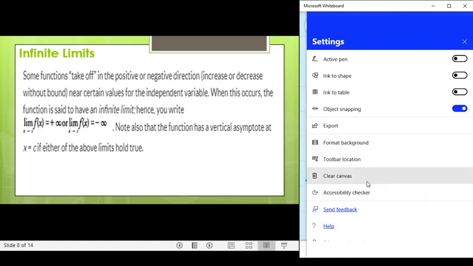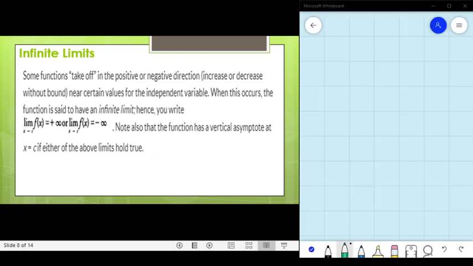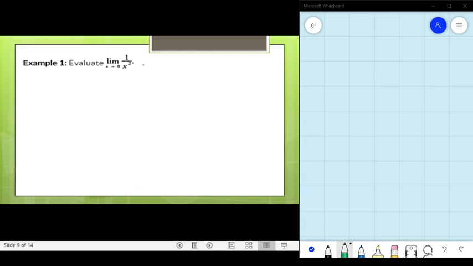So those are called infinite limits. Let's evaluate the limit of 1 over x squared as x approaches 0.